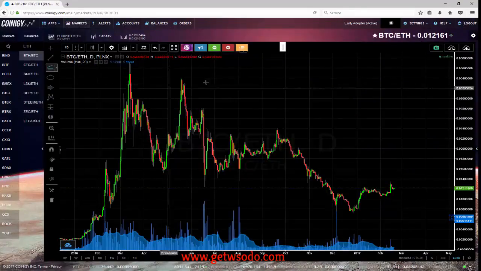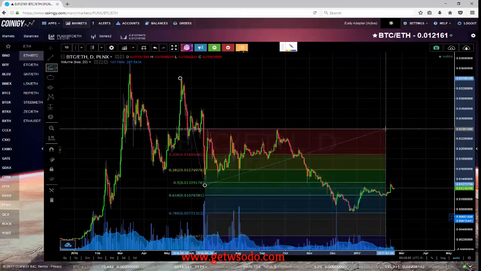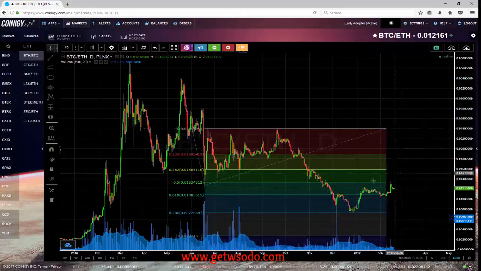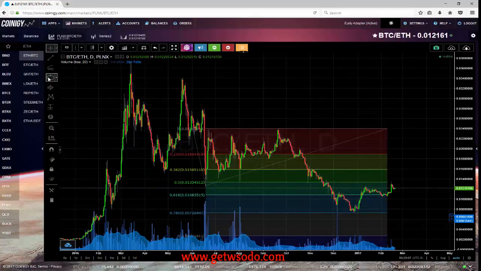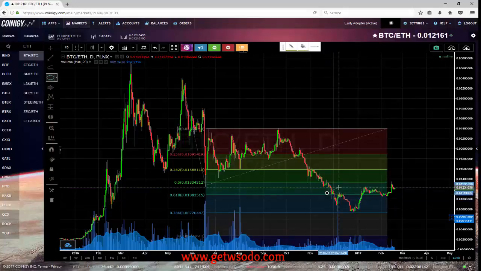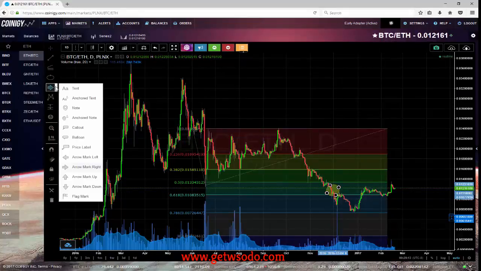All right, so here's Ethereum. Let's just use a fib extension. So let's say you were to buy at the sweet spot and start accumulating right here. If you wanted to accumulate this, you could go in partial position size, let's say 25%.